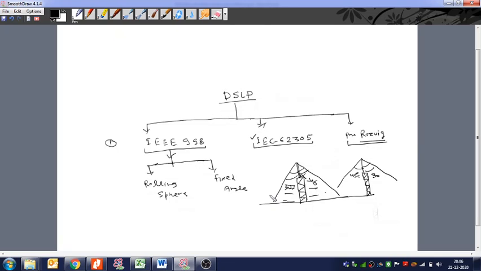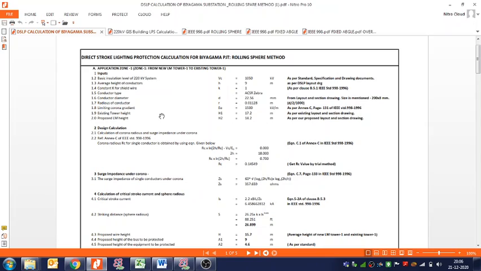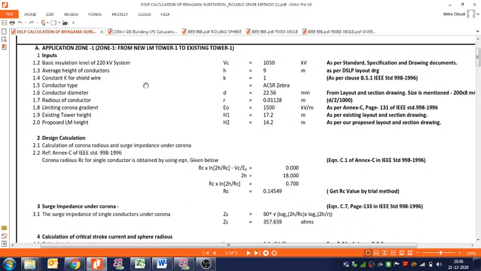Now how do we proceed with the rolling sphere method? Let us discuss this rolling sphere method with some of my project calculations. I have taken this rolling sphere method for one of the 220 kV substations.